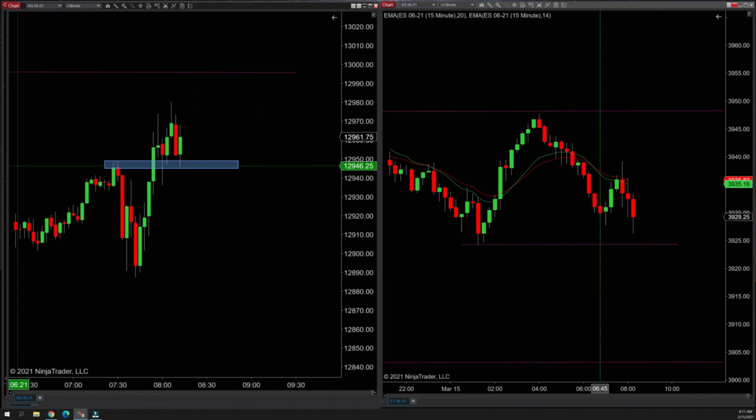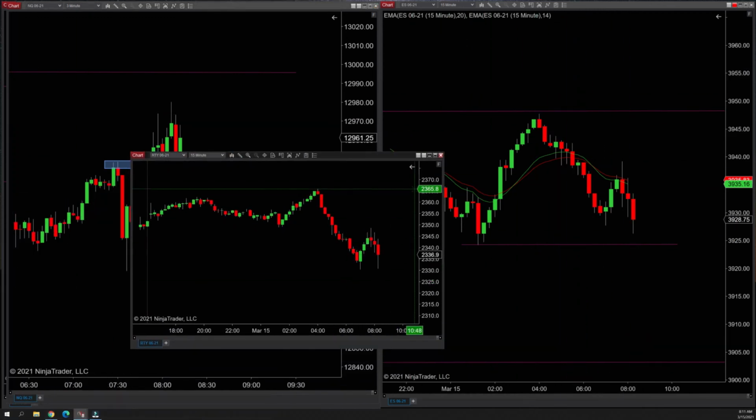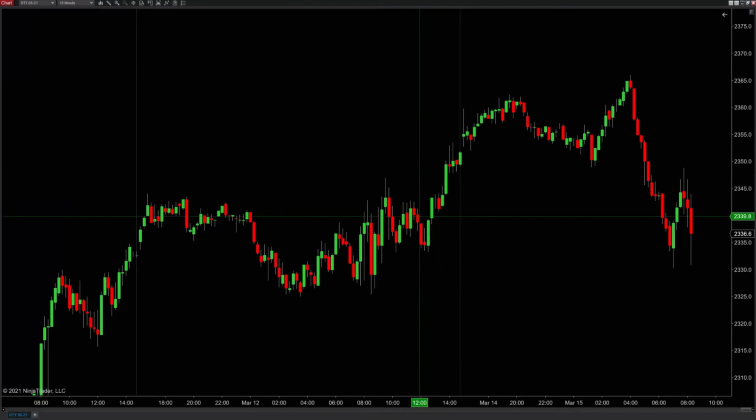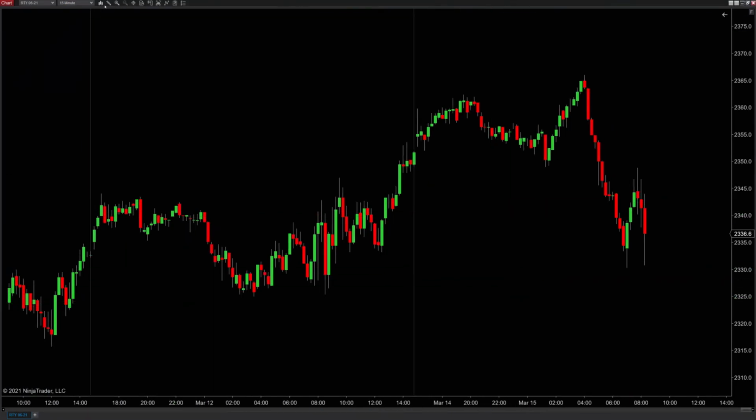RTY, look, you got buying coming in here too. Let's look at all that. Look at the wicks forming right here, like a double bottom. See, buying coming in. Kind of in this area here too.